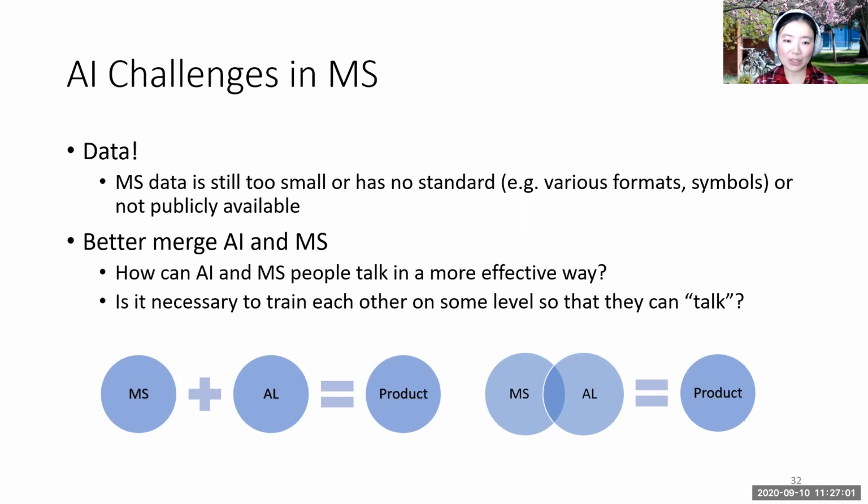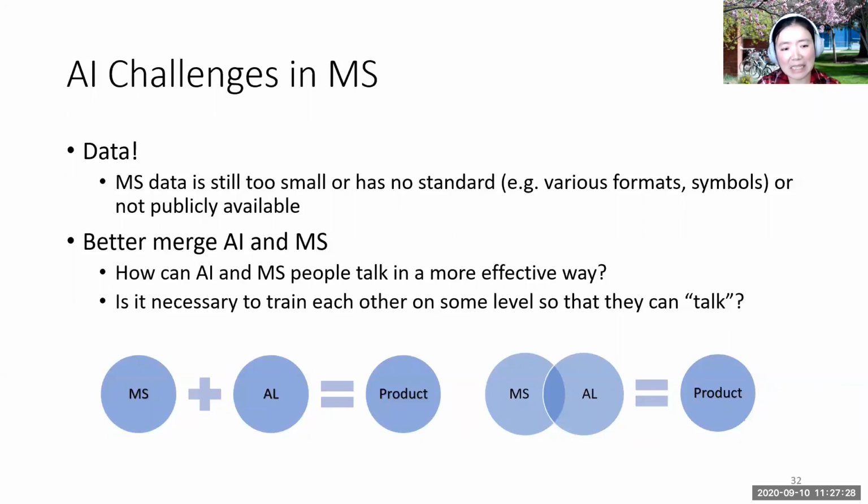We know material science, we know what we can provide and what we're looking for, but how can AI better help us? AI probably is a black box for us. They have different tools, but how can you plug those AI tools into material science research better? That will take some time, so it's also a challenge.